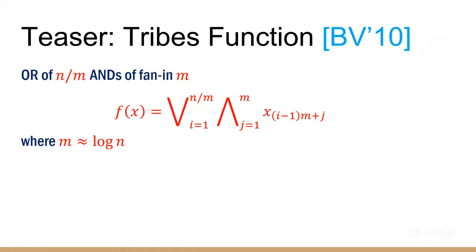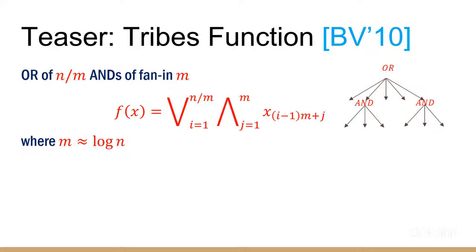So there are n by m blocks, and on each of the blocks you take an AND, and then you do an OR of the outputs of all these ANDs. Pictorially, this is my tribes function. Basically, these blocks are log n length, and you have n by log n of them feeding into the OR. So this is the tribes function, and the fact is that this tribes function can solve the coin problem for some values of delta.